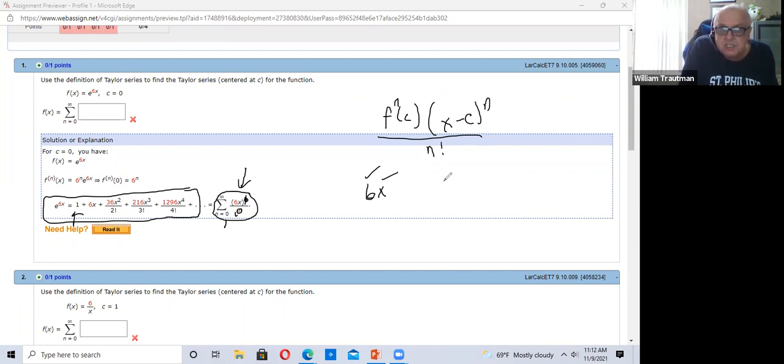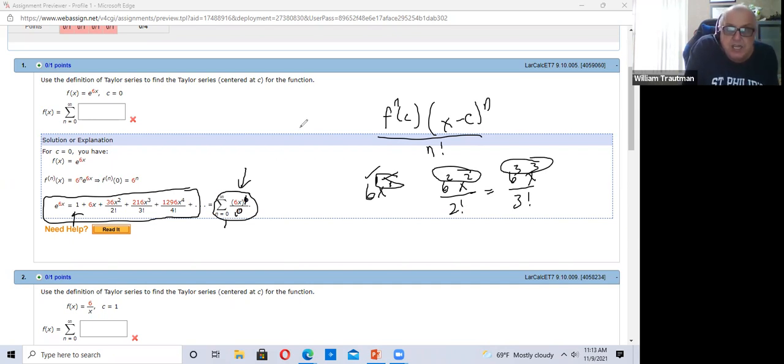So the 6 gets squared and the x gets squared over 2 factorial. The next one, the 6 gets to the third power, the x gets to the third power over 3 factorial, and so on. So if you notice, both the 6 and the x are to the 1 power, both the 6 and x are to the 2 power, both the 6 and x are to the 3 power.